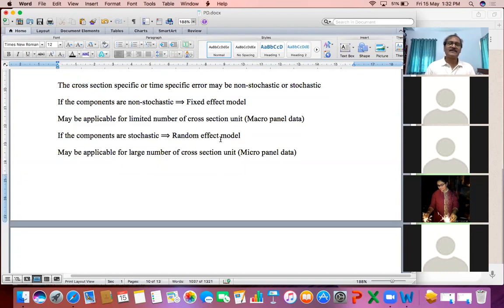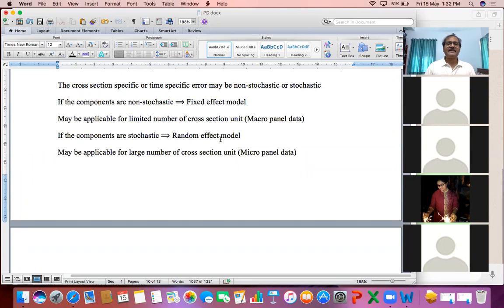And if you go through the standard textbooks, you can find the different ways in which we carry out the tests. And if you go through my book, in chapter 16 probably, the second chapter on panel data, you can find the statistical inference or testing with panel data.